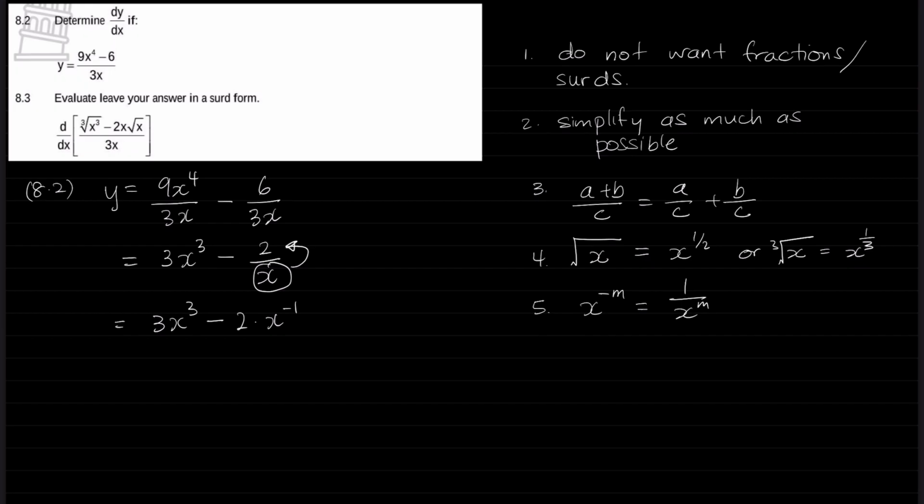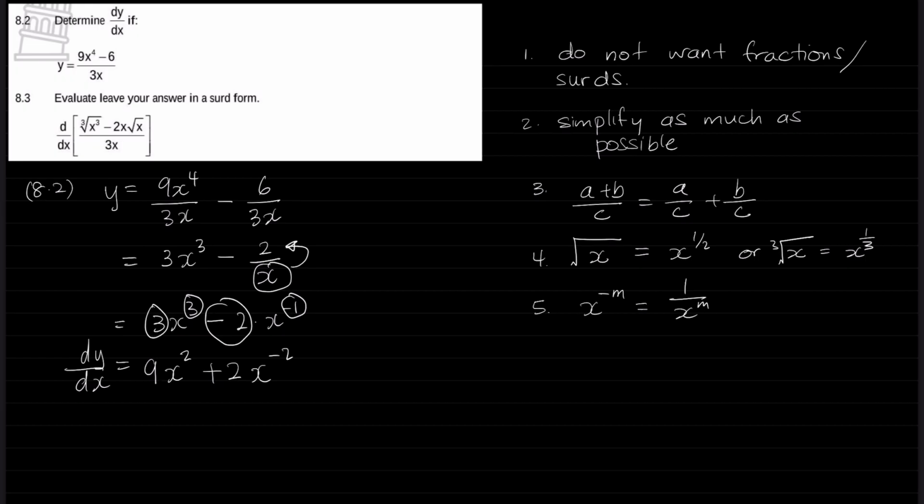So dy/dx is going to equal 3 times 3, which is 9, and then x to the power, you minus 1 from the exponent, so 3 minus 1 is 2. And then you have negative 1 times negative 2, that's going to be positive 2, x, and then negative 1 minus 1 is negative 2. And so that's dy/dx, that's our derivative.